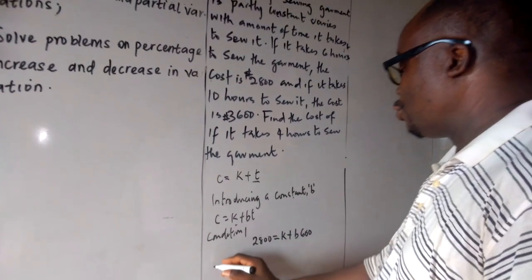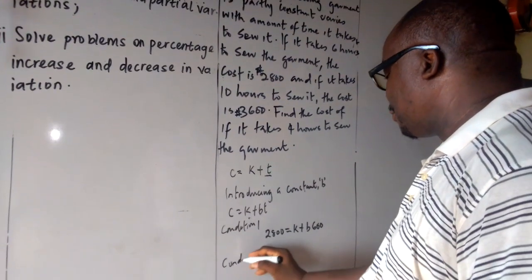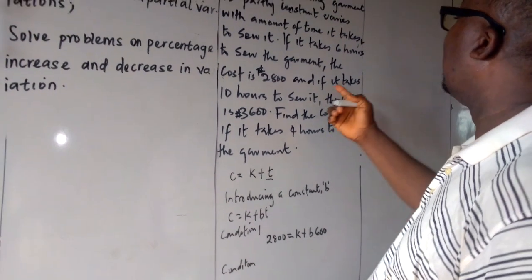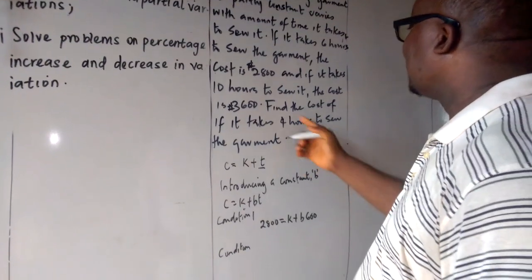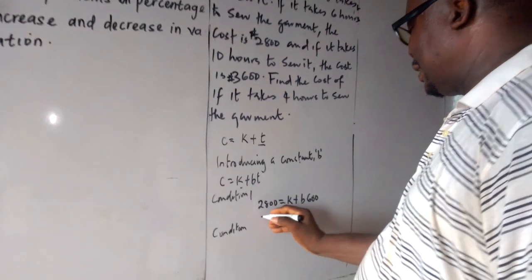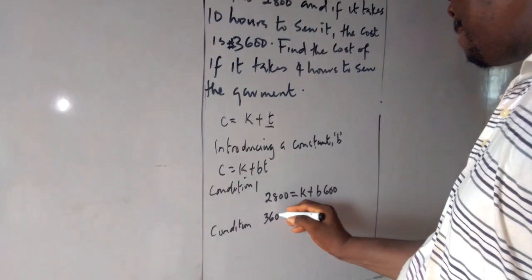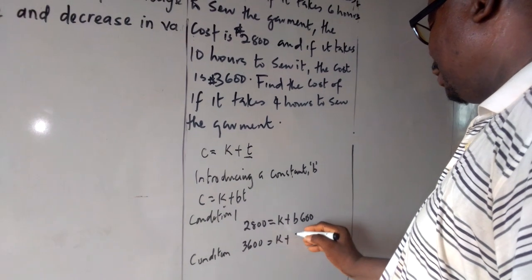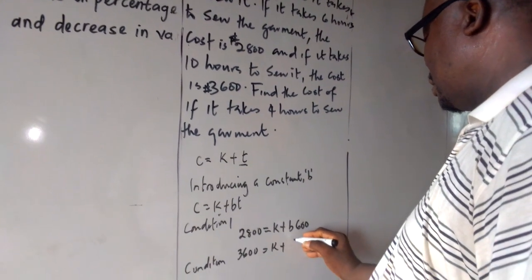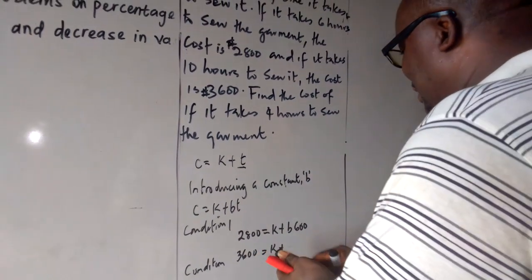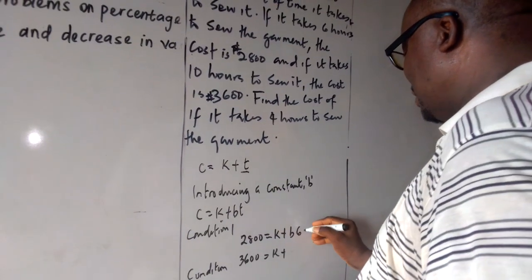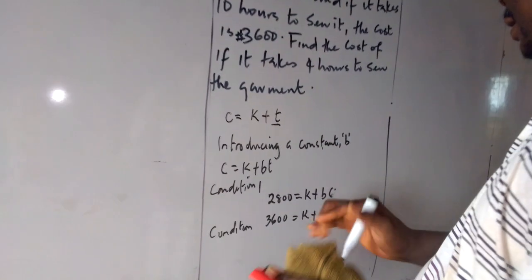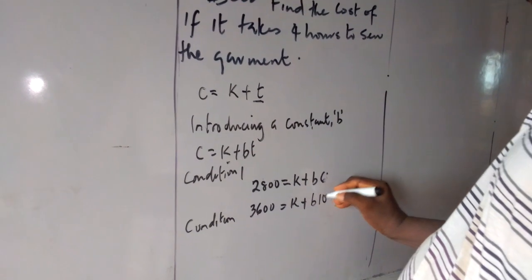And condition 2 will be, if it takes 10 hours, the cost will be 3,600, which is K plus 10B.